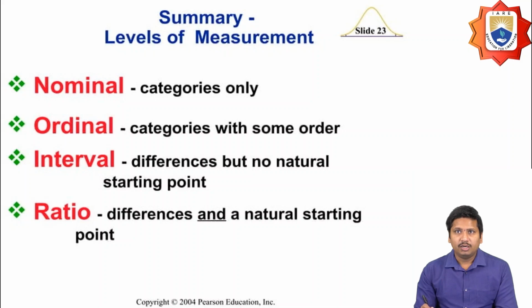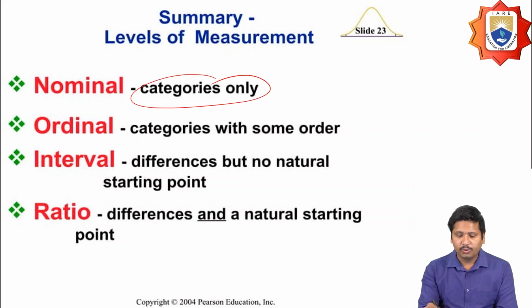Some of these levels of measurement are also different: nominal, ordinal, interval, and ratio scale. Nominal means we treat categorical data, and ordinal means the categories are based on some order.